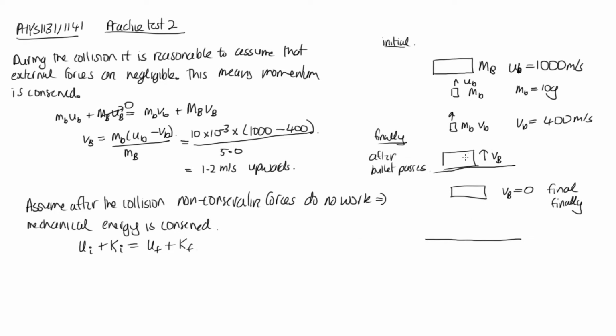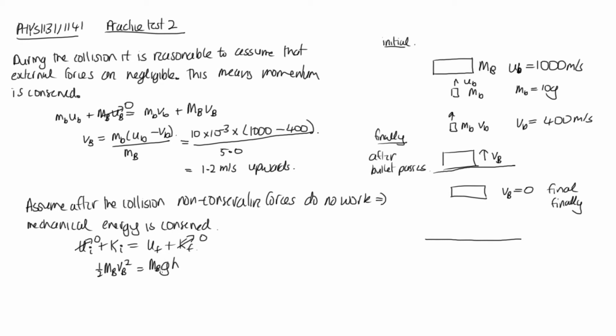And then looking here, the height above the table is 0. So the initial potential energy, that's 0, but it does have kinetic energy, and we know its speed now, so we can work that out. And then at maximum height, it's come to rest. It's got no velocity, so the final kinetic energy is 0. And so we can say, well, a half times the mass of the block times VB squared, that's the initial kinetic energy, is equal to the final potential energy, which is given by the mass of the block times g times the final height.